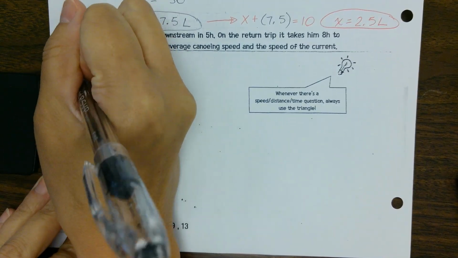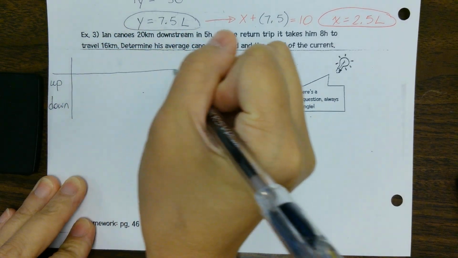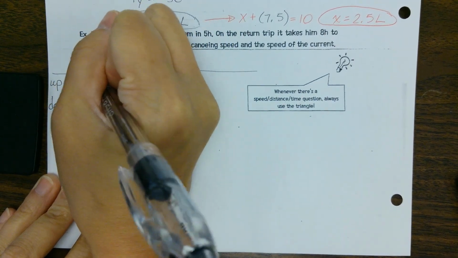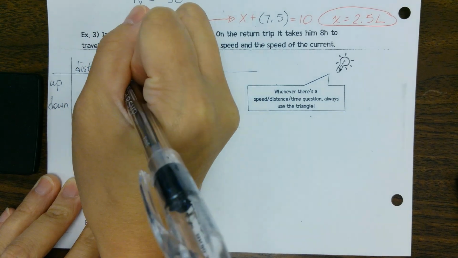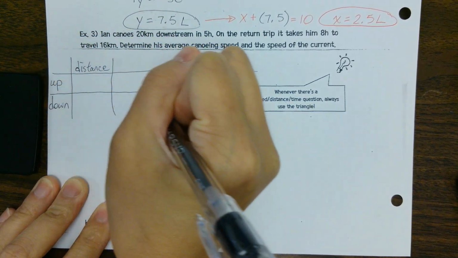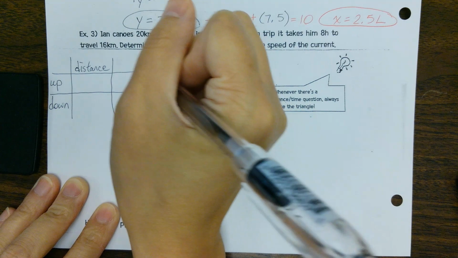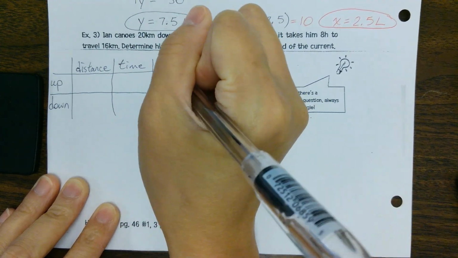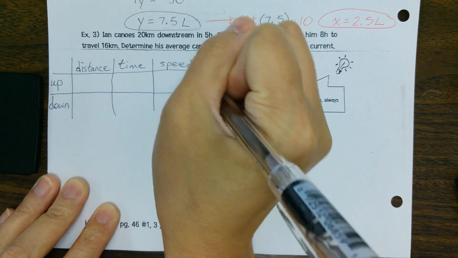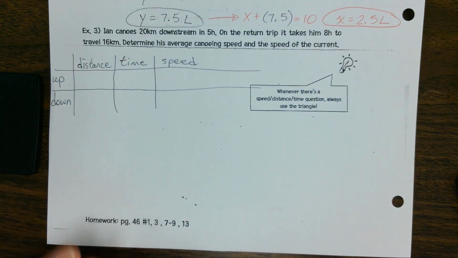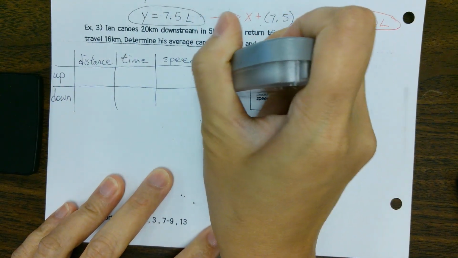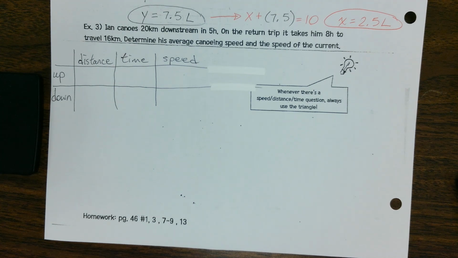So going upstream, downstream, distance, time, and speed. You don't need the line so long.